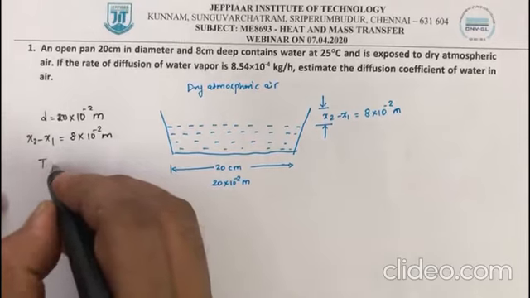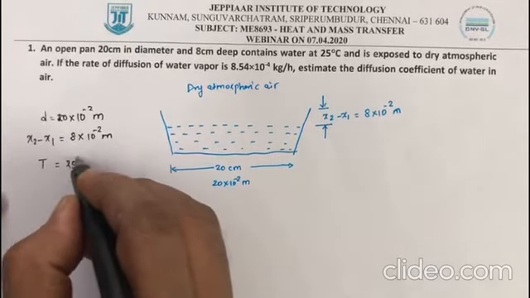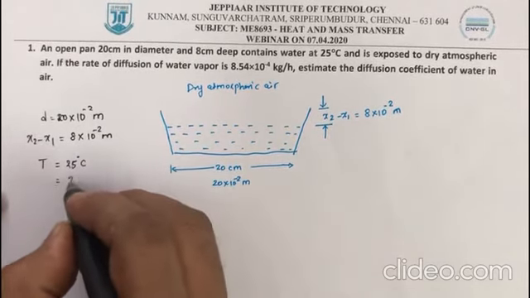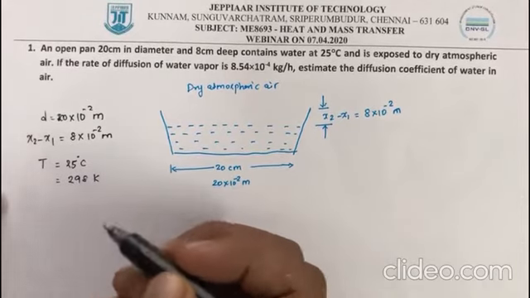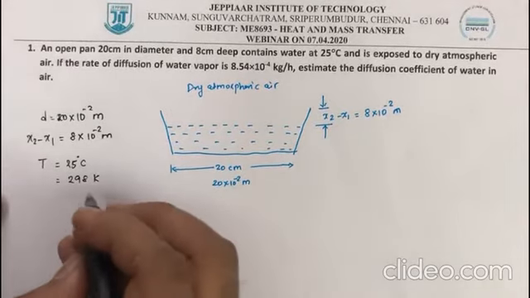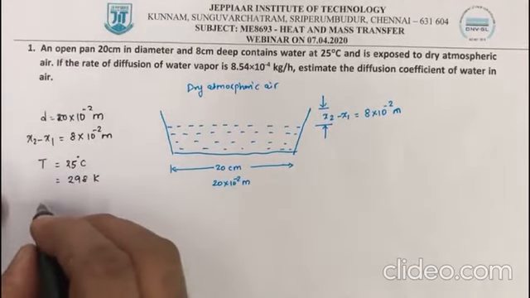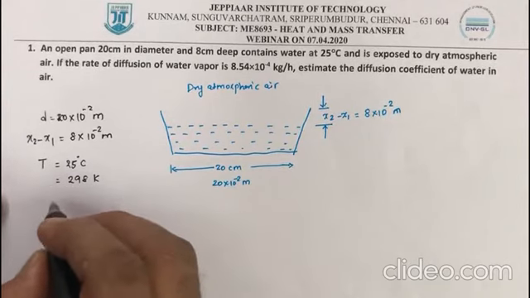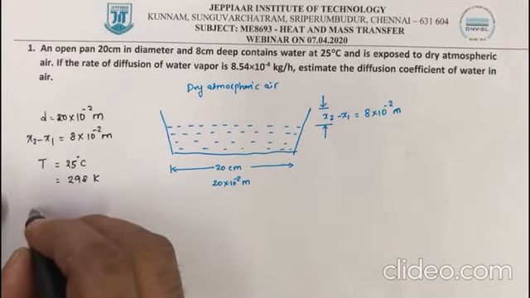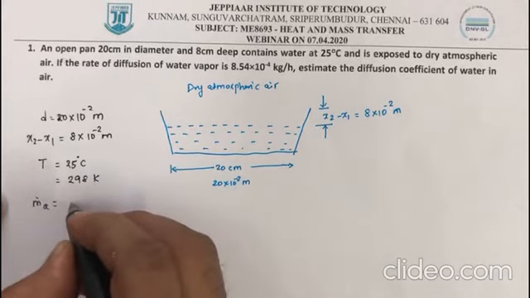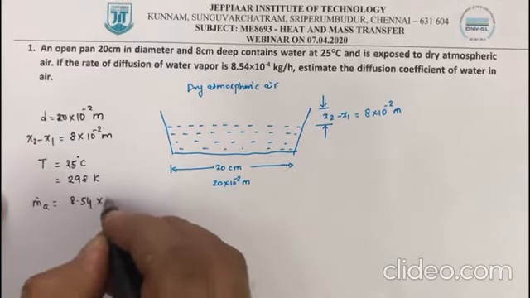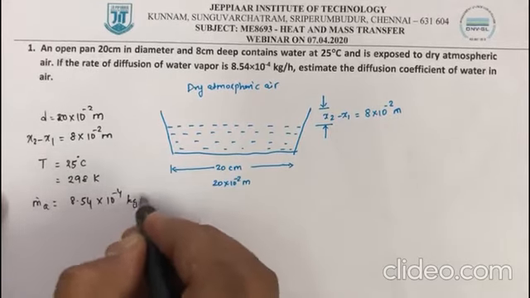The temperature of the water T is 25 degrees Celsius, which would be 298 kelvins. The diffusion rate of water vapor is given as 8.54 into 10 power minus 4 kg per hour.